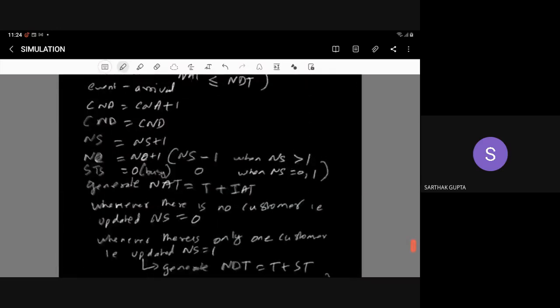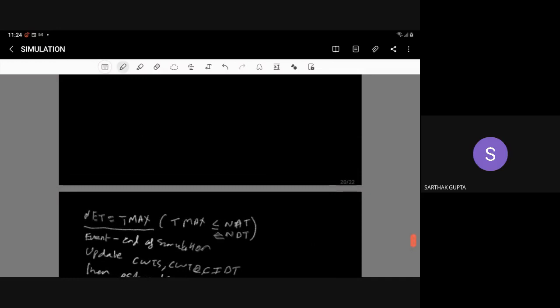So here, in the starting, we have seen that NET is the minimum of NAT, NDT and Tmax. So it can be anything. It can be Tmax, it can be NAT, it can be NDT.